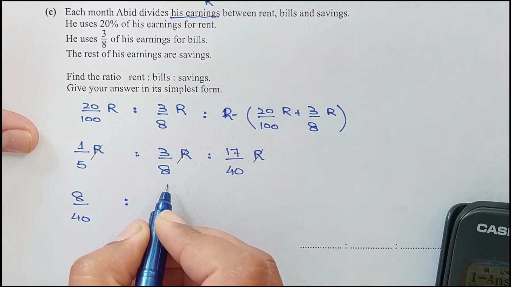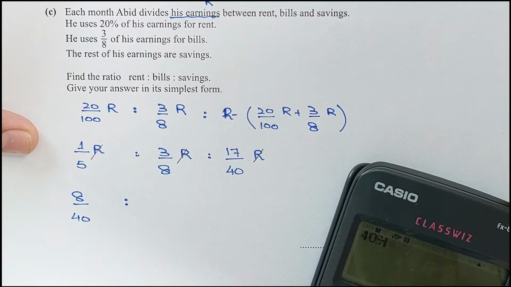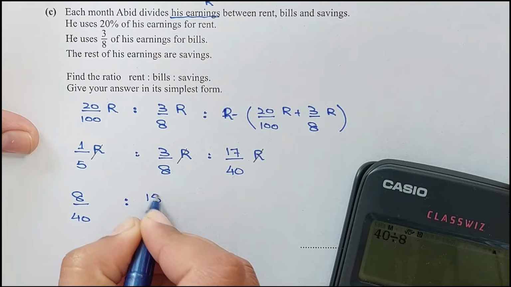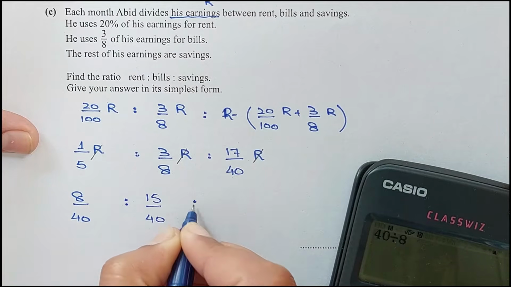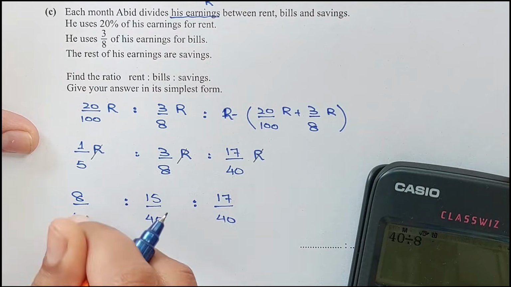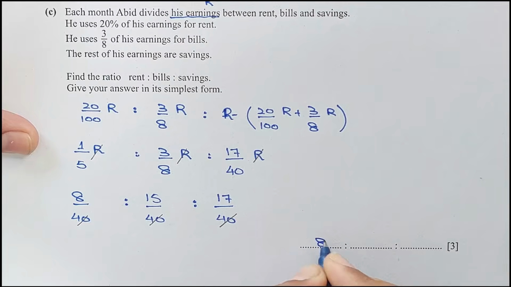And 8 times 5 is 40, and 3 times 5 is 15, so 15 over 40. Here the denominator is already 40. Now cancel the denominators. So the simplest form is 8 : 15 : 17. This is for rent, bills and savings.